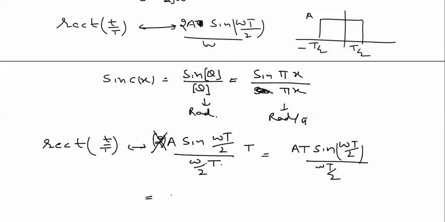At this juncture we can convert it into the sinc function: A T sinc omega T by 2.